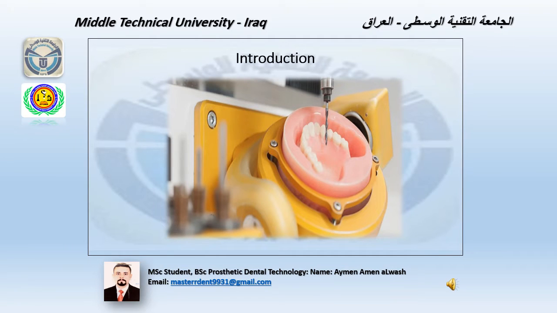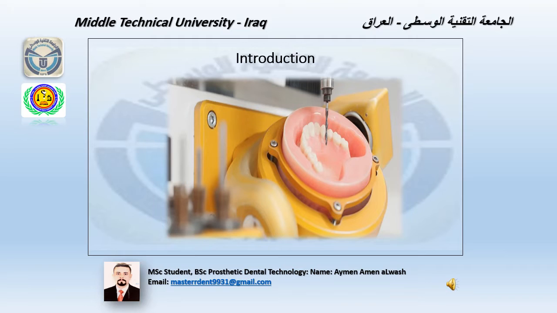Introduction. In the traditional way to obtain a complete denture, edentulous patients typically have to make 5 visits to the dental clinic, including primary impression, final impression, recording jaw relation, and trial placement of the wax denture.